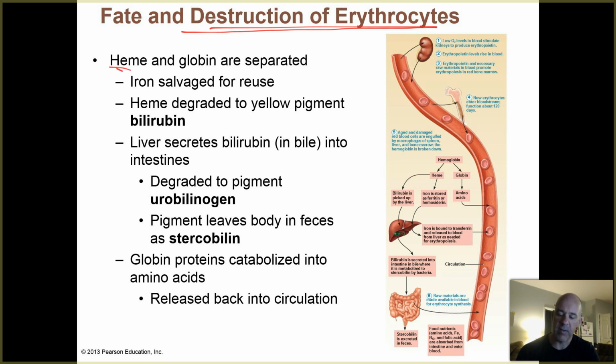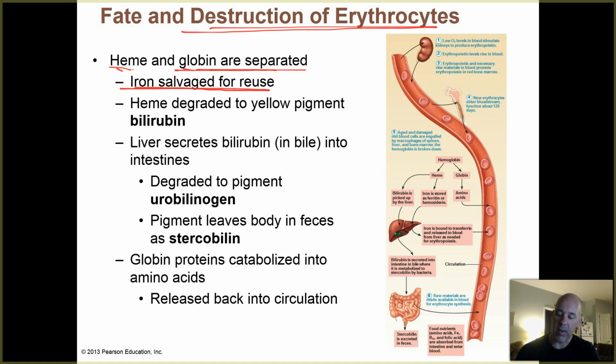So the hemes and the globin proteins of the hemoglobin are first separated from each other. Then the iron portion of the heme is recaptured so that your body can reuse it. Iron is very critical, and you just don't take in enough from your diet to allow you to shed iron all the time. Your body needs to reuse this iron. And iron is not really something that's going to wear out like a big hemoglobin protein molecule would.